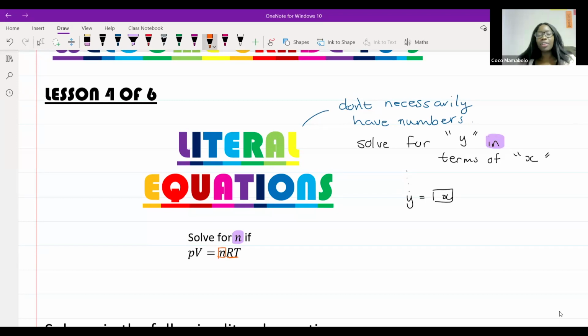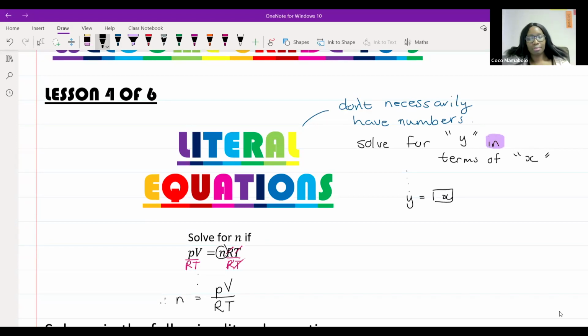Correct. Good. So in this case, we take this side and divide by RT, and also this side and divide by RT. That will cancel with that, and that will cancel with that. So I've got n on its own. Therefore, n is equal to PV over RT.